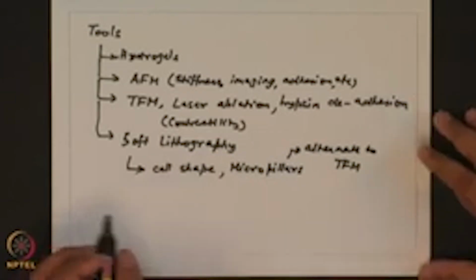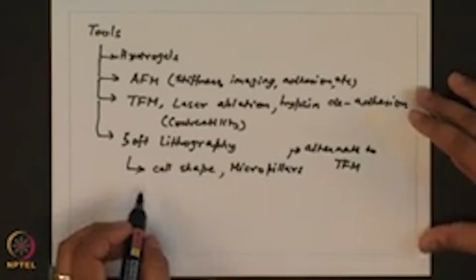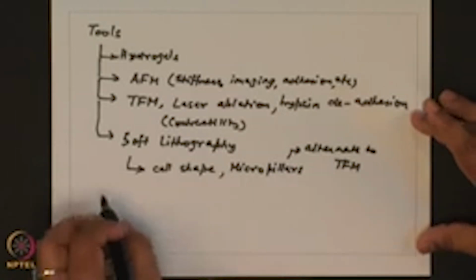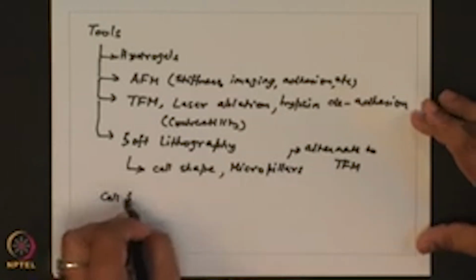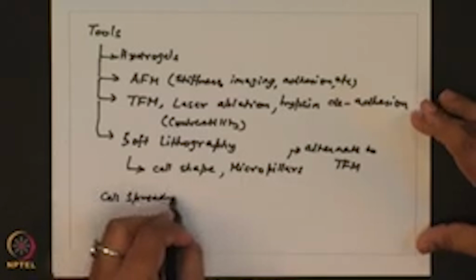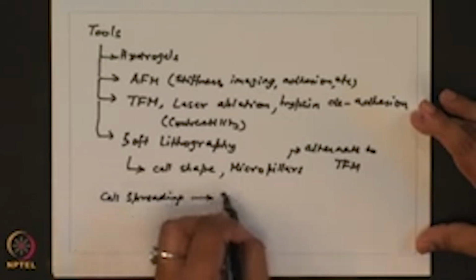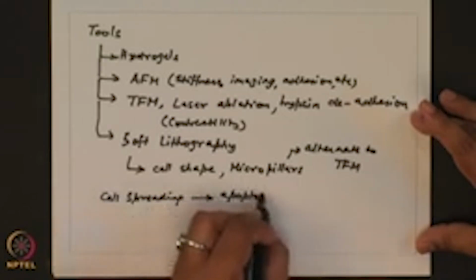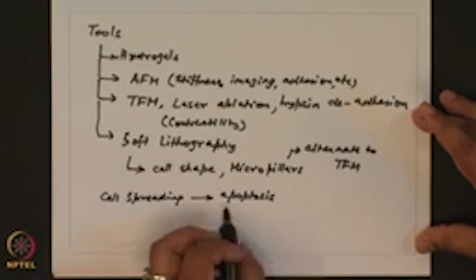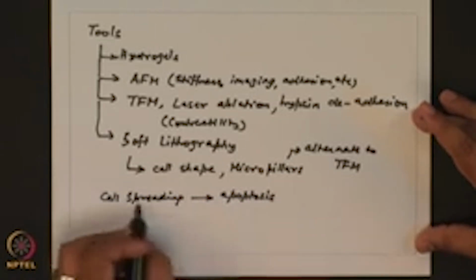I had briefly talked about one study which linked cell shape or cell spreading area with apoptosis, dictated by the extent of cell spreading.